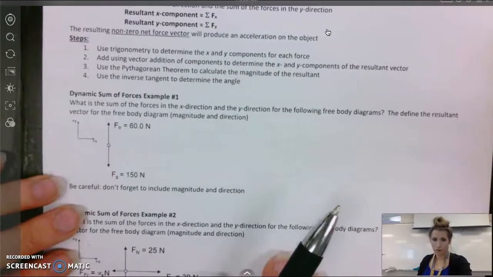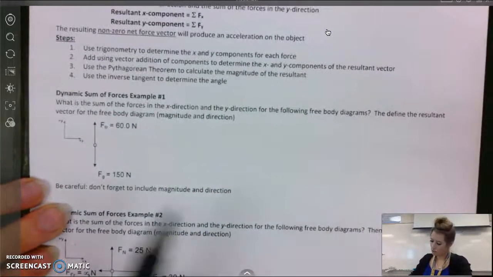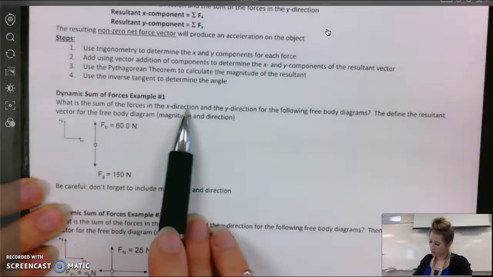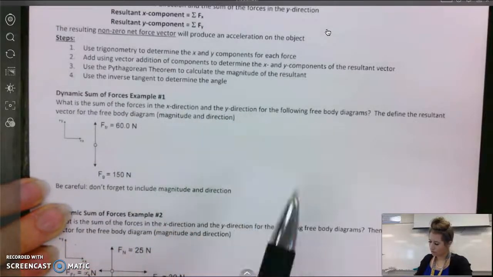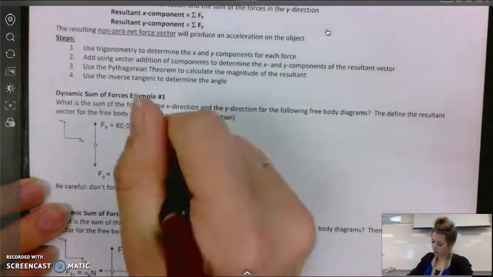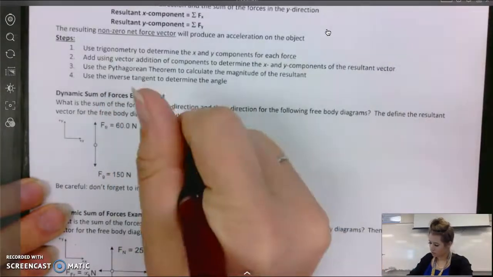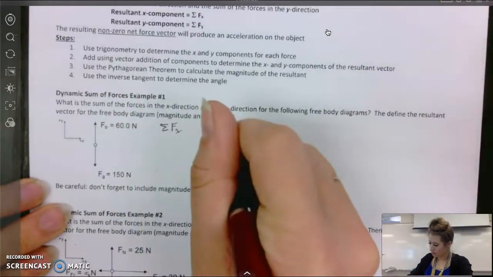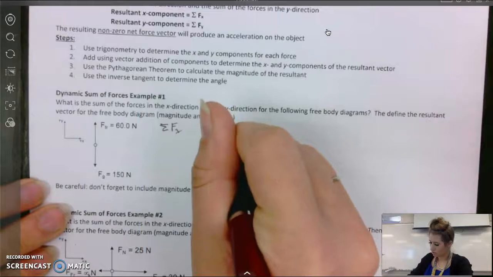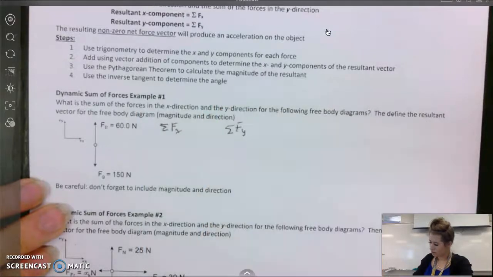Okay, let's try a practice problem. What is the sum of the forces in the x direction and the y direction for the following free body diagram? Then define the resultant vector for the free body diagram, magnitude and direction. Okay, so we want to know the sum of the forces in the x direction and the sum of the forces in the y direction.